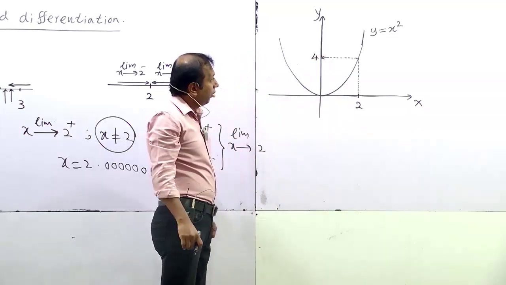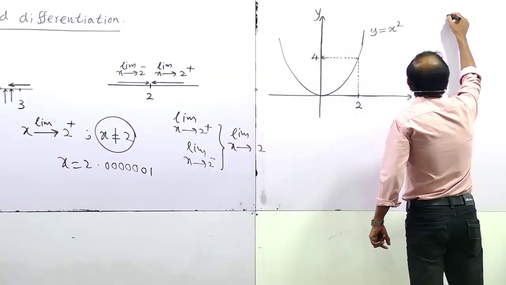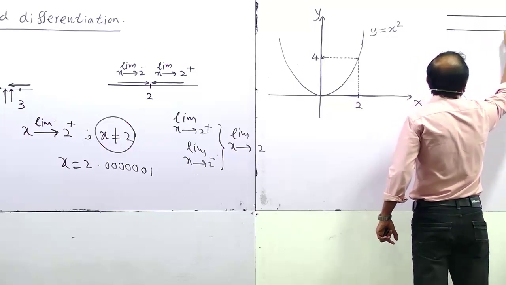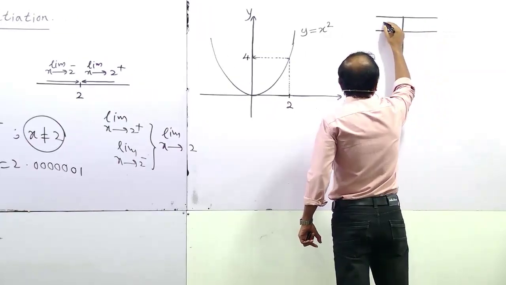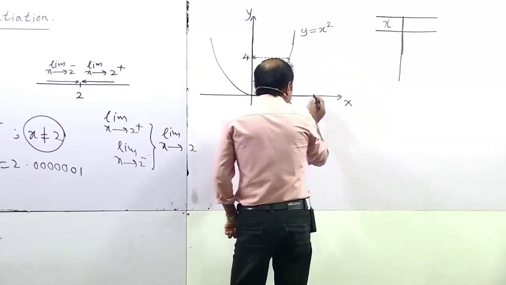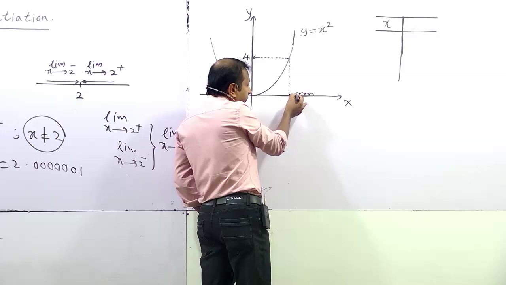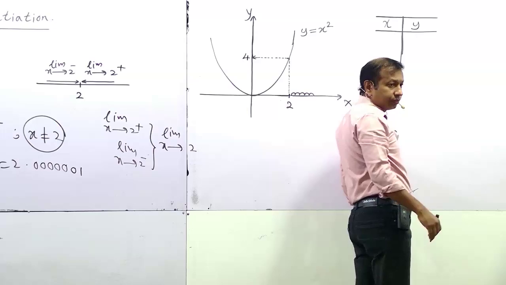Right. Now, I'm going to construct a table. In the first table, I am supposed to put for x those values coming to this 2 on its right hand side like this, and find the corresponding y value.